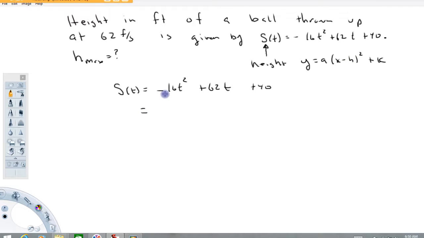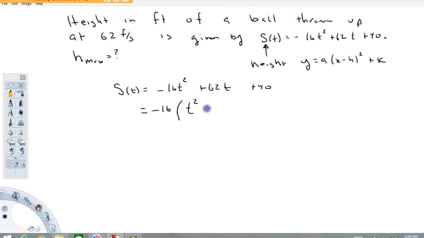First step is going to be to factor negative 16 from both of these terms. That first term is going to give us a t squared, and the next one, this is going to give us a 3.87 if I try to do it that way.